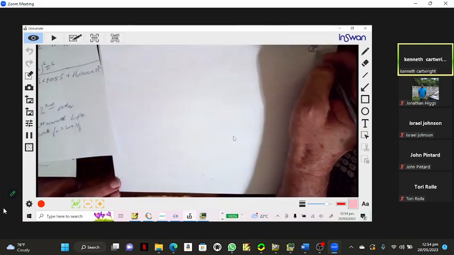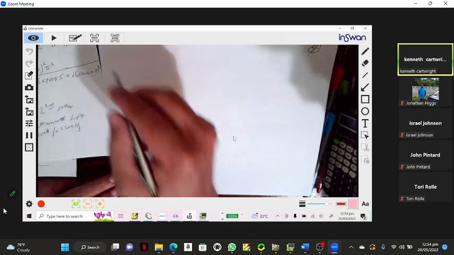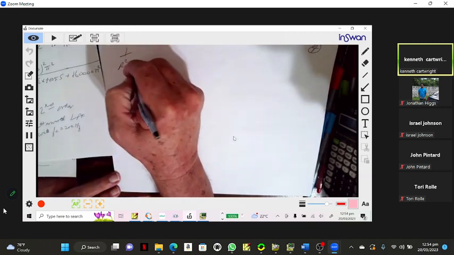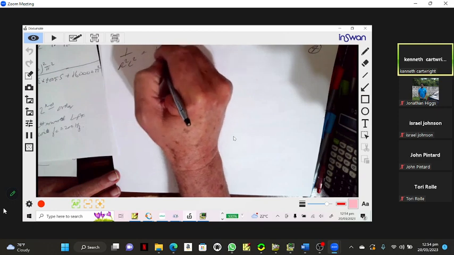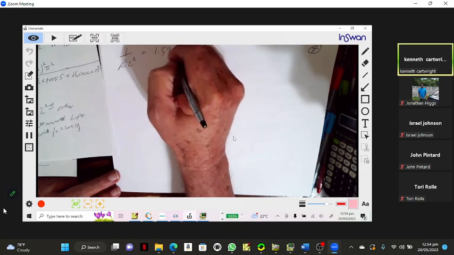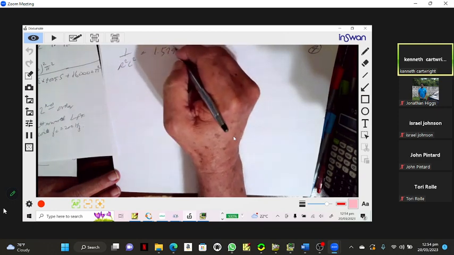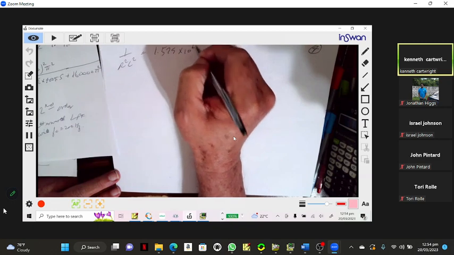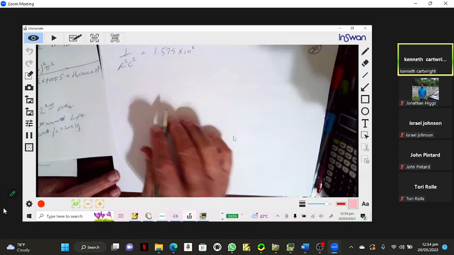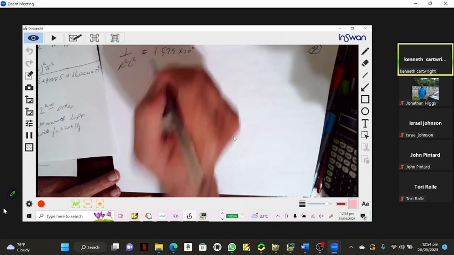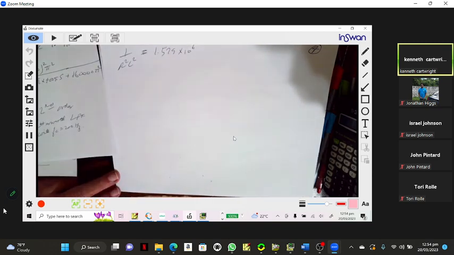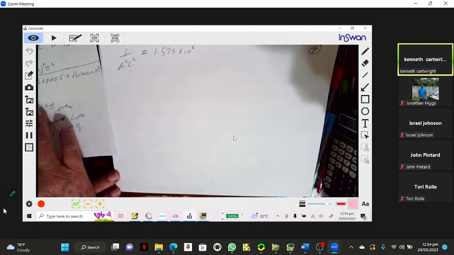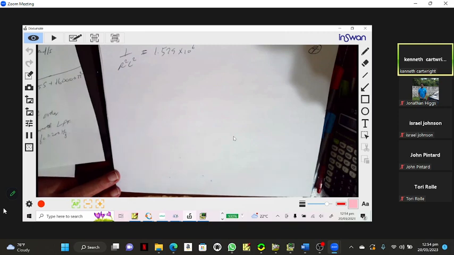Before we got then 1 over R squared C squared equals 1.579 times 10 to the 6. So what do we do with this?